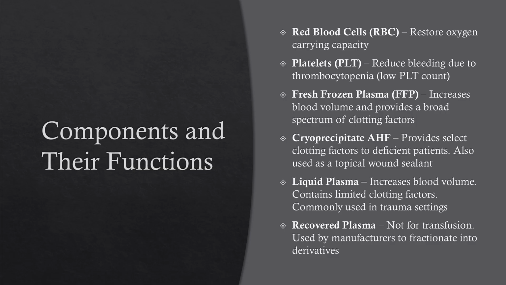Platelets are used in patients that have thrombocytopenia, basically a low platelet count. When your platelet count drops low enough, then a patient will start to spontaneously bleed. You'll bleed from the gums and mucous membranes. Having an adequate platelet count will prevent unexpected bleeding.